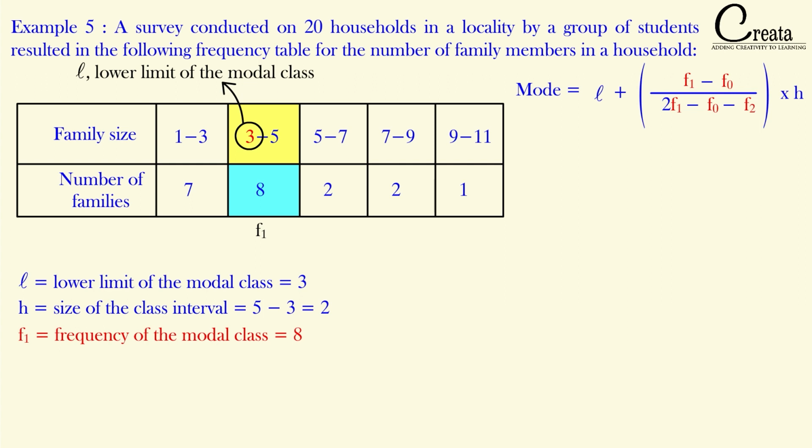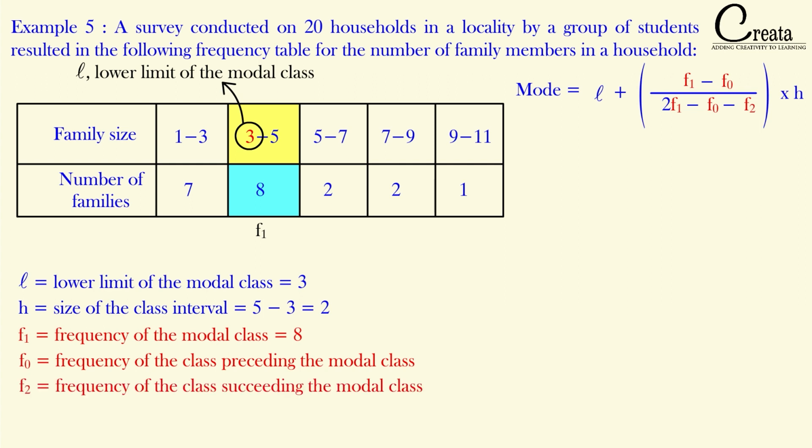Next, F0. F0 is the frequency of the class preceding the modal class, and F2 is the frequency of the class succeeding the modal class. It means the frequency before the modal class frequency is F0 and the frequency after the modal class frequency is F2.